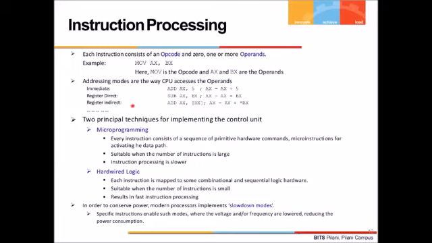Similarly, there is one more mode called register indirect mode. Here you can see AX, then a square bracket with BX inside. The content of BX indicates a memory location where the data is. That means BX contains the pointer to the particular data.